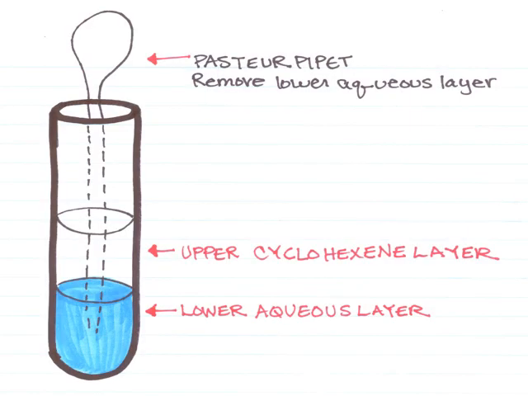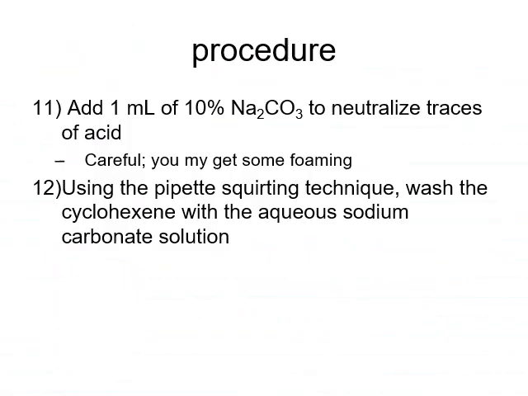After collecting your product, you need to remove the lower phase, which is an aqueous phase, and you don't need it, but the upper layer is your cyclohexene layer. You can use a Pasteur pipette to remove the bottom layer. After removing the bottom layer, you need to use sodium carbonate to wash your product. The purpose of using 10% sodium carbonate is to neutralize the remaining acid in your product, cyclohexene.